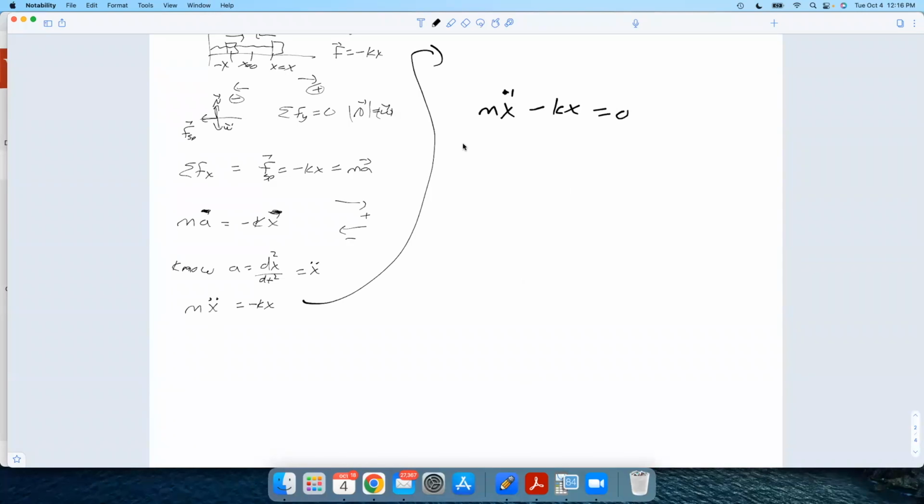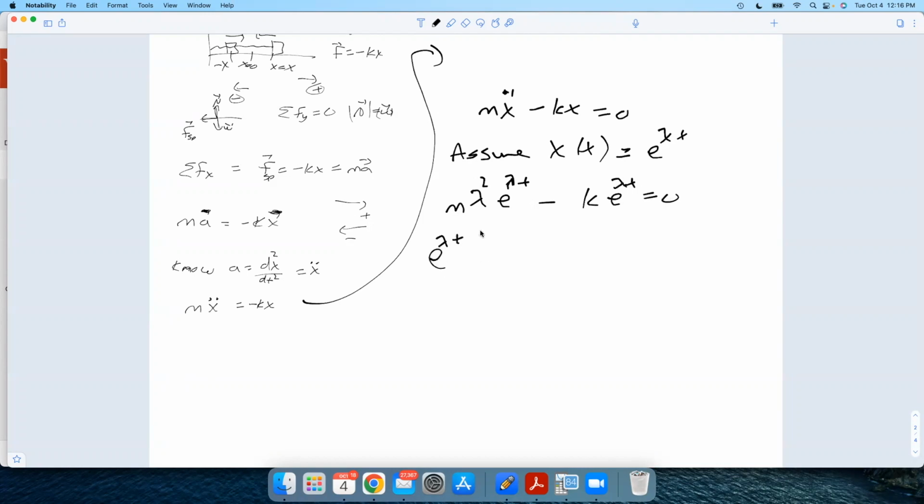So we assume x of t, x here is my dependent variable, is some e to the lambda t. Plug everybody in, we're going to get m lambda squared e to the lambda t minus k e to the lambda t equals 0. Factor out the e to the lambda t.